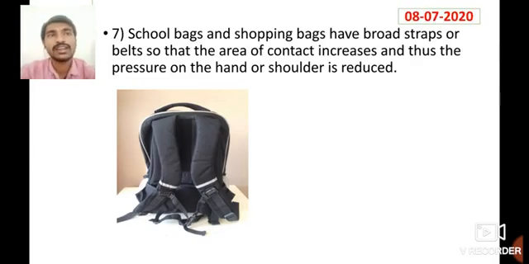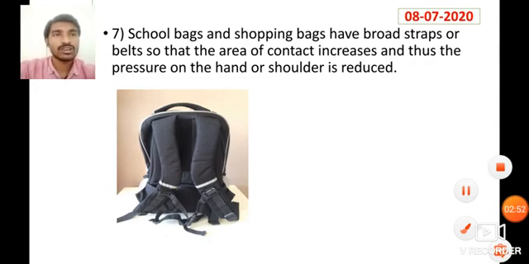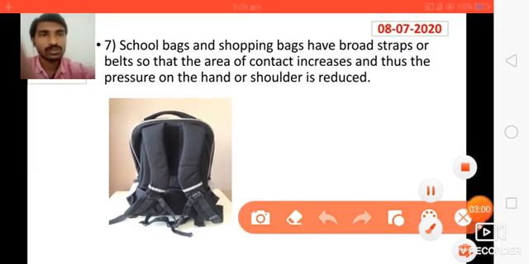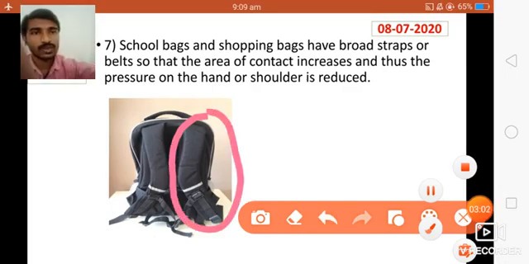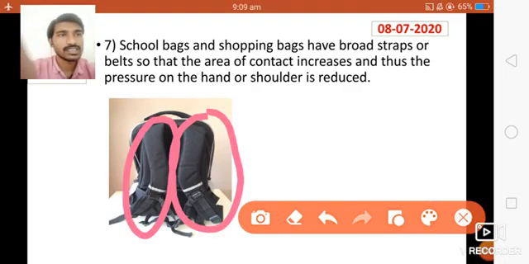School bags and shopping bags have broad straps or belts so that the area of contact increases and thus the pressure on the hand or shoulder is reduced. So in school bags and shopping bags you can see the broad straps. This is called a strap. It has got a very large strap.